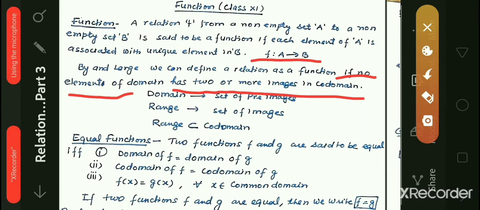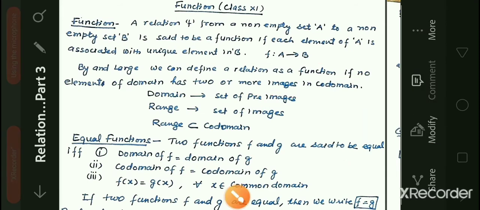This is the definition of function which we can understand in simple words. I hope now you are very well aware of this definition.